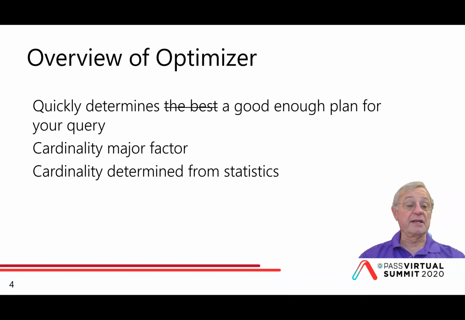And cardinality, by and large, is determined from statistics. Coming out of an index or a table or a column, those are the statistics. Once you do a join, the cardinality out of that join is a result of the prior two statistics. There's no statistics on a join. But coming out of tables and indexes, that comes from statistics.